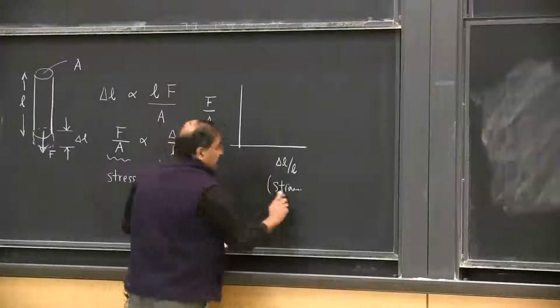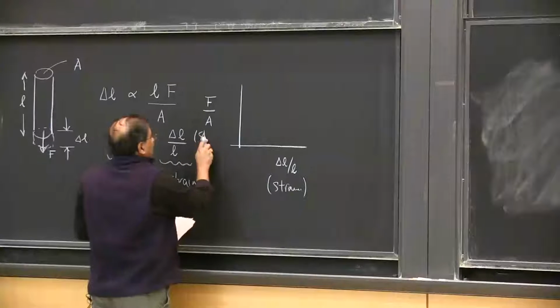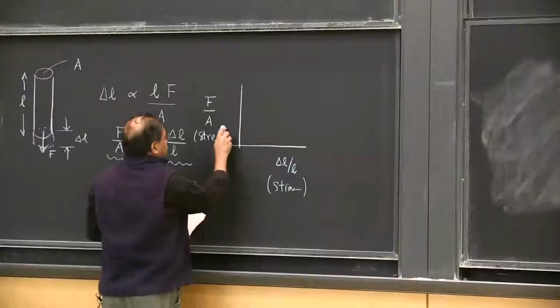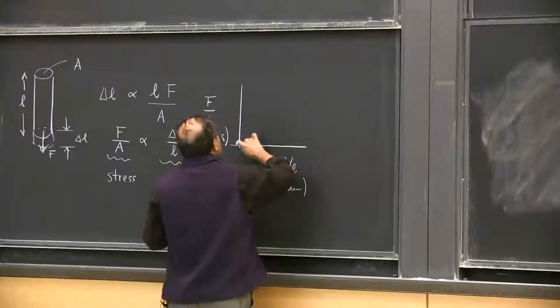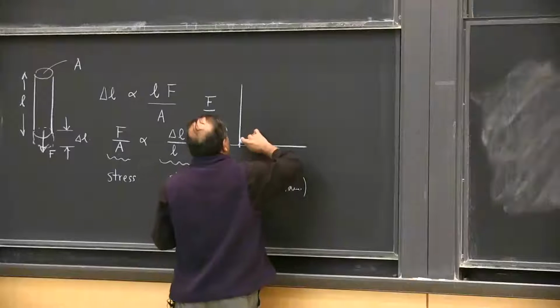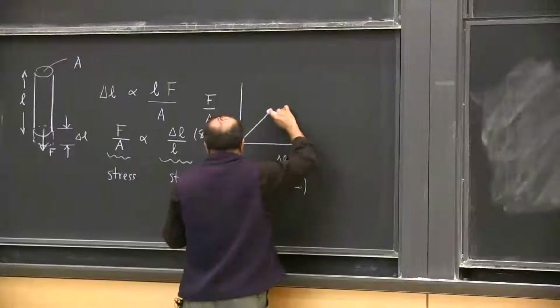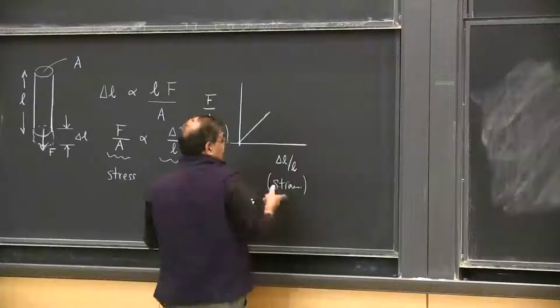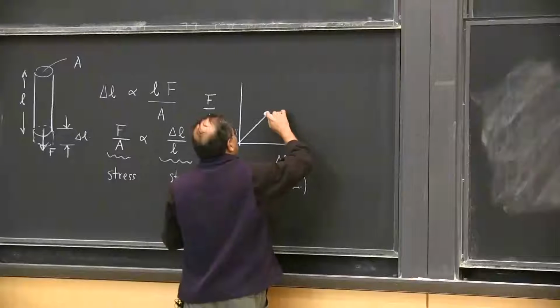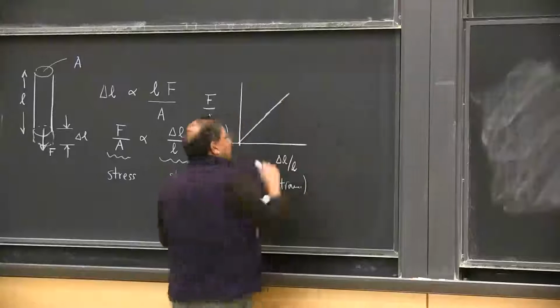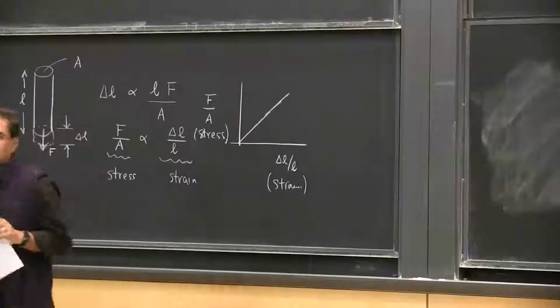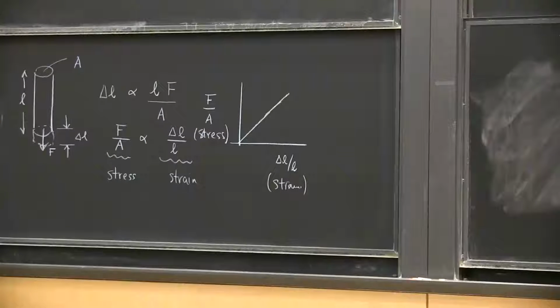So this is stress. And if there is no strain, you expect no stress if the system is okay. And as you increase strain, normally stress would go up, or vice versa. It turns out that this only goes on up to a point, and beyond that point, the simple, nice linear stress-strain law breaks down.